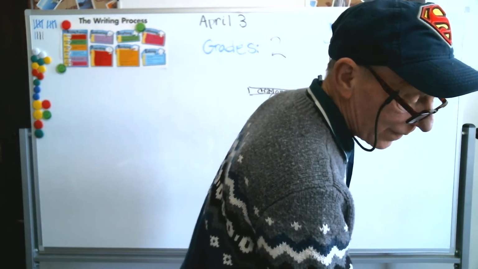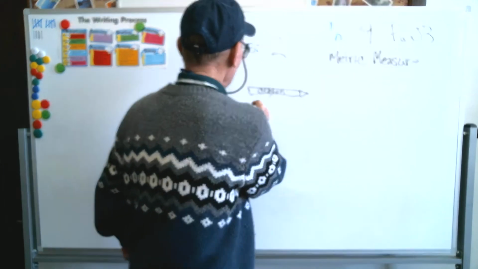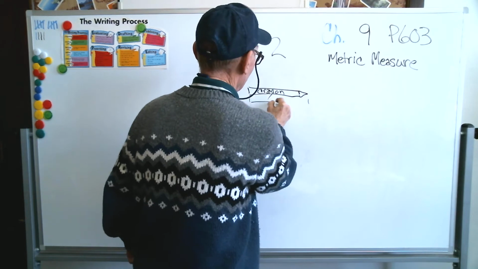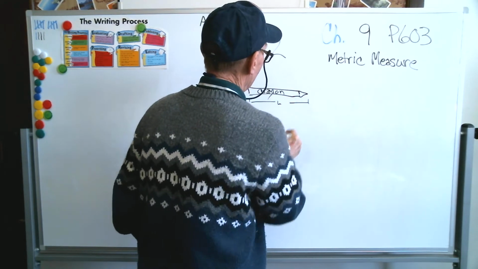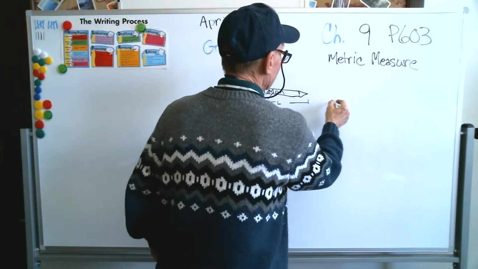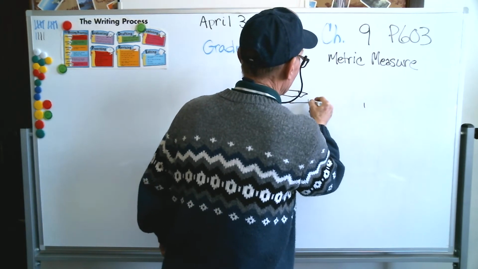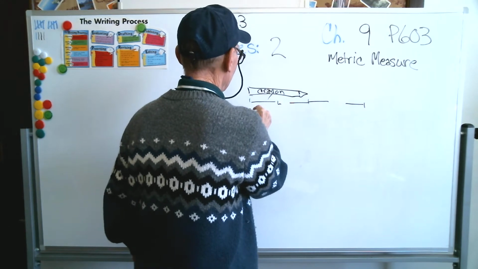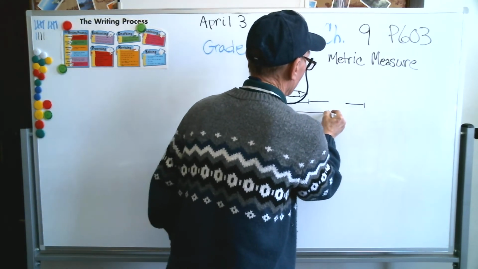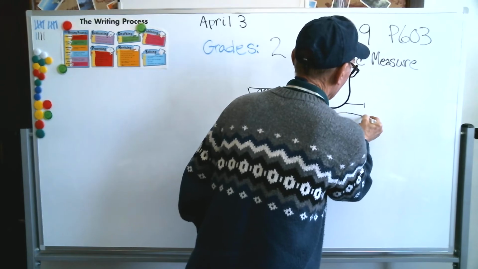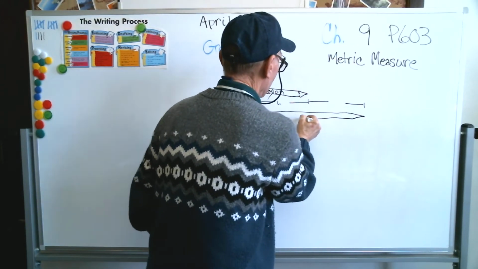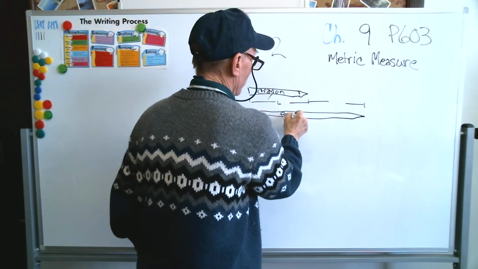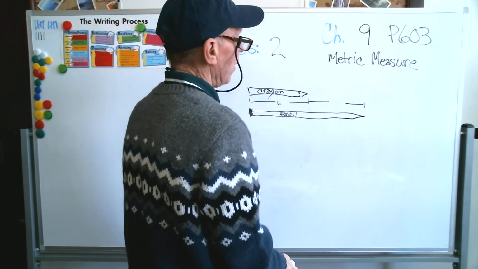Now, the pencil is double the length. So we've got this length here of the crayon, and we're going to double it, so that means we're going to come out here, and our pencil is going to be twice as long.